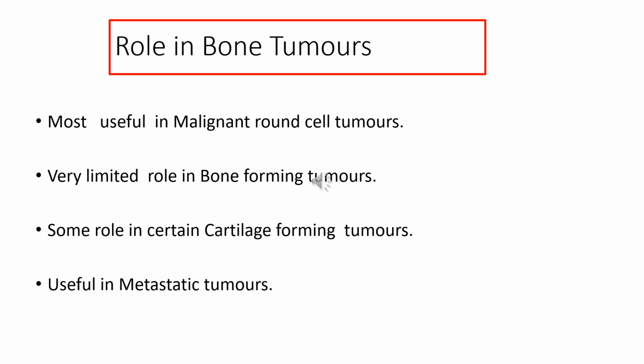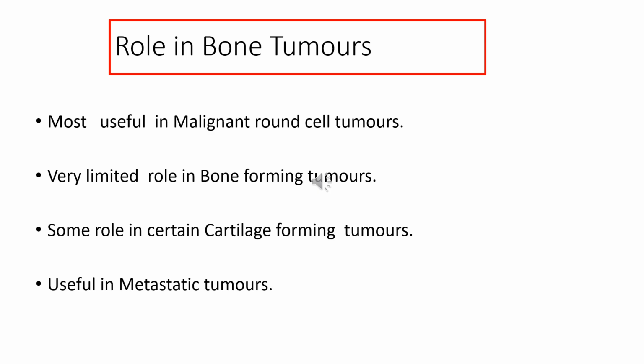Then H3F3B is a marker which is used to diagnose chondroblastomas of bone, and more recently there is a marker called GRM1 which is useful in making a diagnosis of chondromyxoid fibromas.